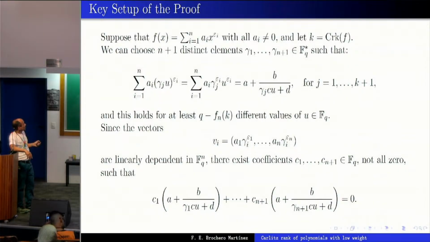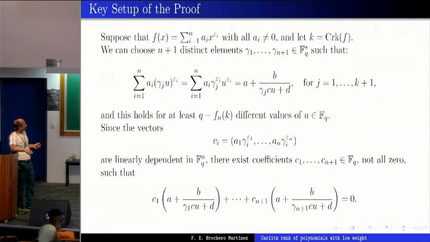Then we can choose gamma_1, ..., gamma_{n+1} such that this system of k+1 equations is true for almost q minus f_n(k) different values of u.